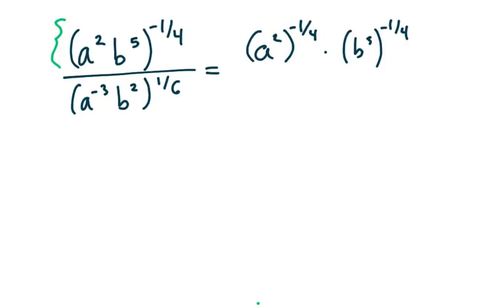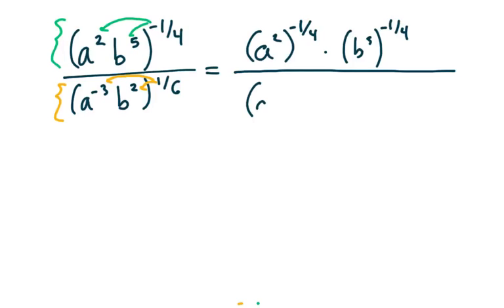Similarly, we will do some work in the denominator. So if you'd like to focus with me on that for a minute, the situation down here is quite similar to what we just did. In the numerator, we gave the power of 1/4 to the a and the b terms. So similarly, you can see that the a and the b terms in the denominator will each need to be raised to the power of 1/6.